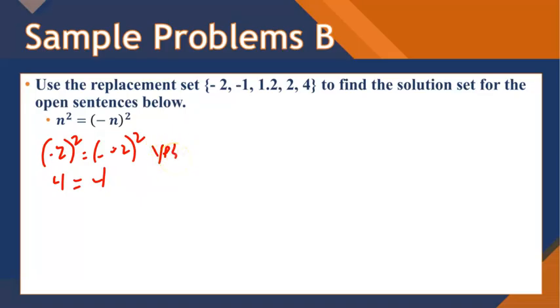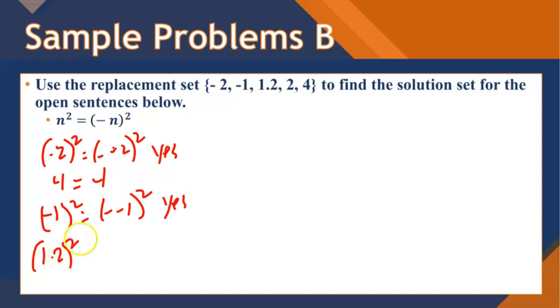If I did negative 1 squared equaling negative 1 squared, 1 does equal 1, so yes, that works. And if I put 1.2, 1.2 squared and negative 1.2 squared, that's going to give you 1.44 on both sides, so yes, that works.